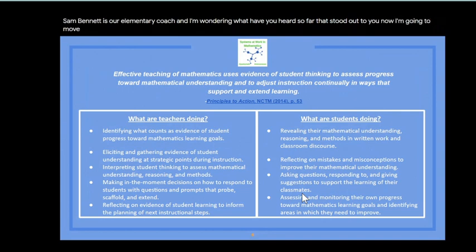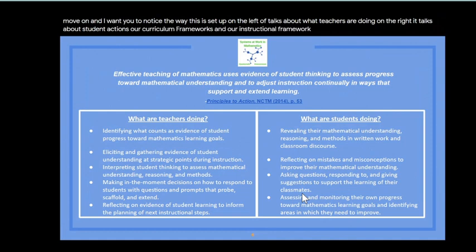Now I'm going to move on, and I want you to notice the way this is set up. On the left, it talks about what teachers are doing, and on the right, it talks about student actions. Our curriculum frameworks and our instructional framework is set up just this way, to help us see what teacher moves look like and students' moves look like as we shift the cognitive load to students without overburdening them, but giving them the confidence to flourish as a successful mathematician.